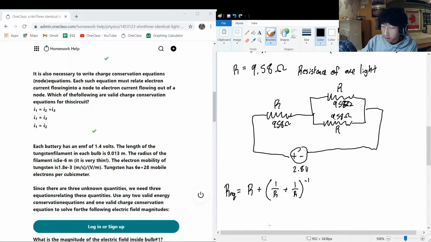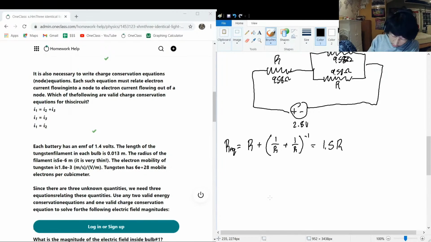With some quick math, identical resistors in parallel have an equivalent that is exactly half. So we're going to have 1/2 of R for these two, and then plus R. So we're just going to have 3/2 of R, so 1.5 R. Do the math real fast, and you'll come to the same result.